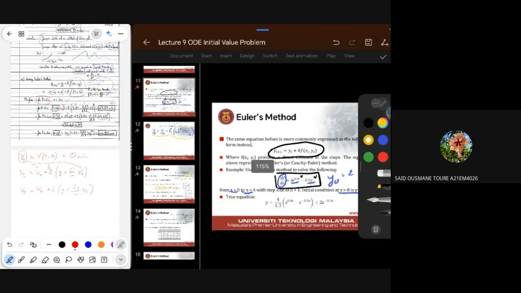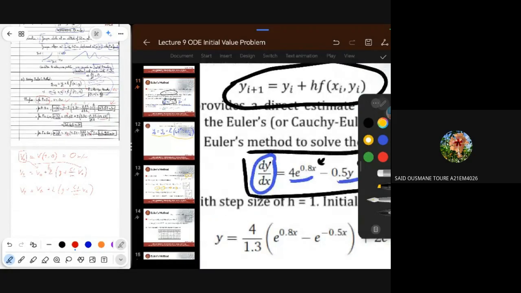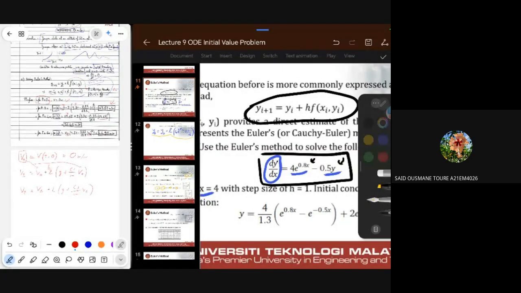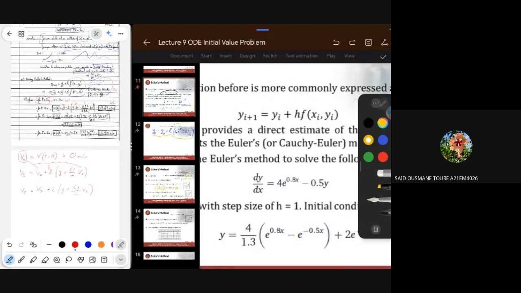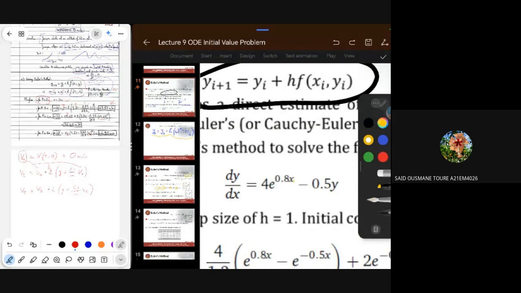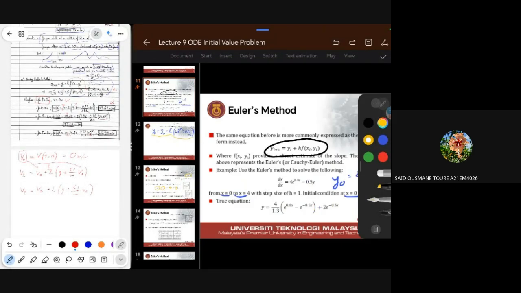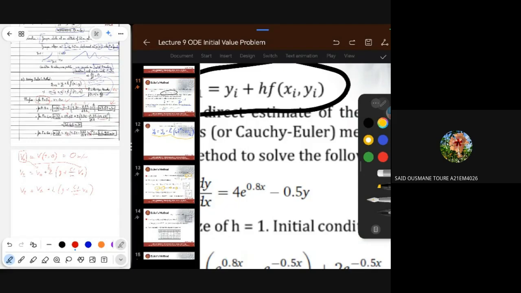The equation here is the derivative dy. This derivative, they decided to use x0 and y0. Understand?